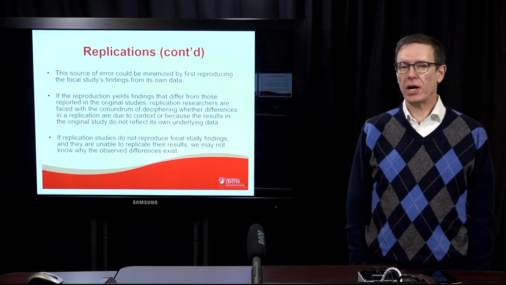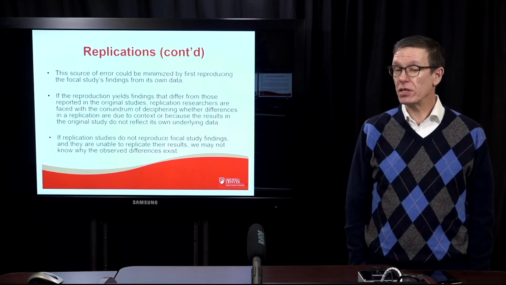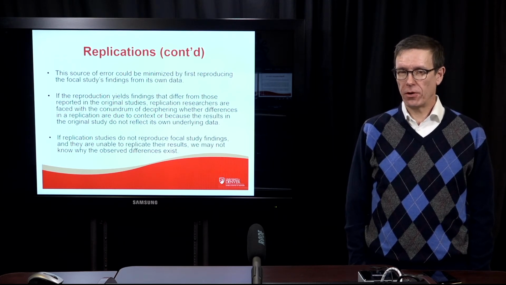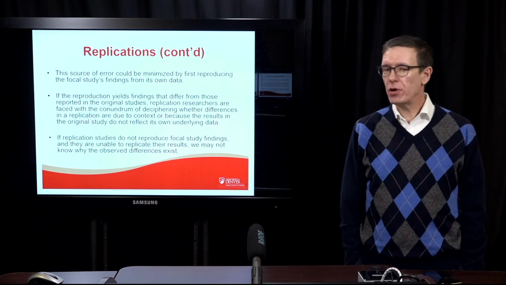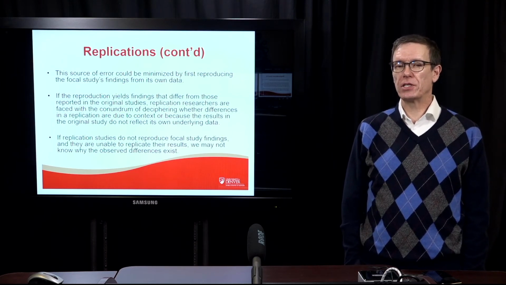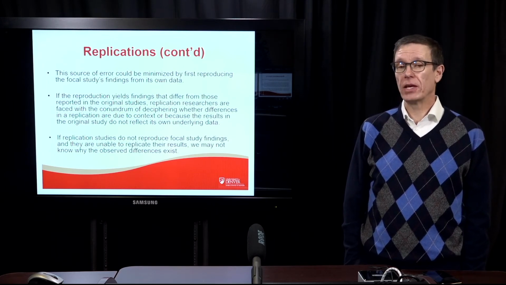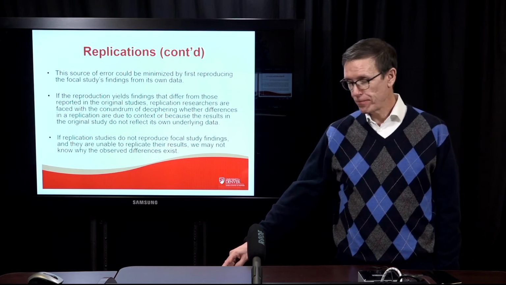So again, if the reproduction yields findings that differ from those reported in the original studies, replication researchers are faced with a conundrum of trying to decipher the sources of those differences. Are they really the context, or are they something about the original study or its findings that weren't simply reported? If we're unable to reproduce the findings and we're unable to replicate them, we don't really know why those differences exist.